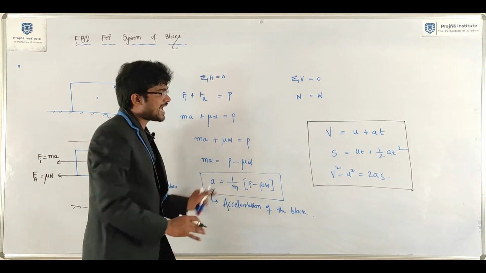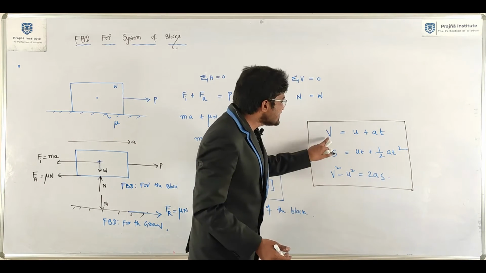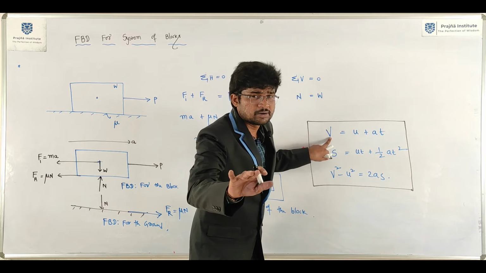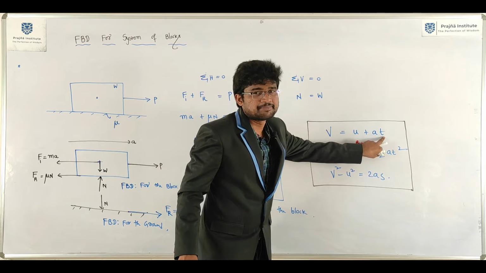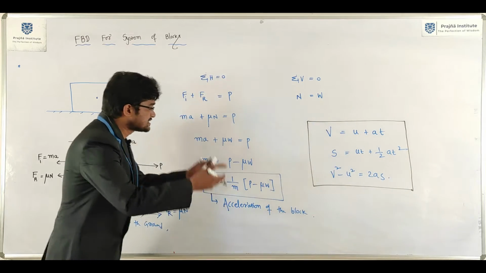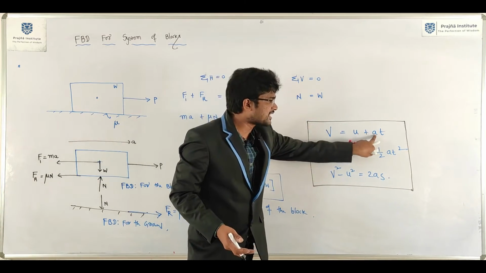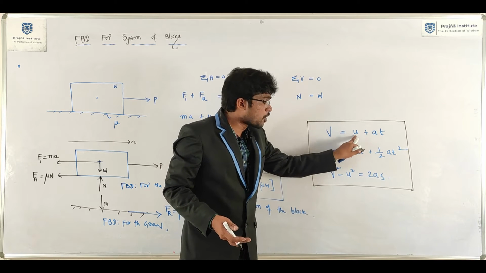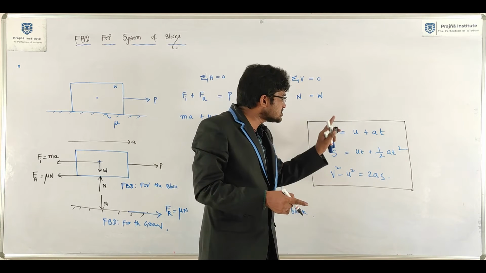They will relate acceleration with the velocity. They will ask what is the velocity of the block after time t seconds. Now you will get acceleration from these calculations. Just substitute acceleration here.